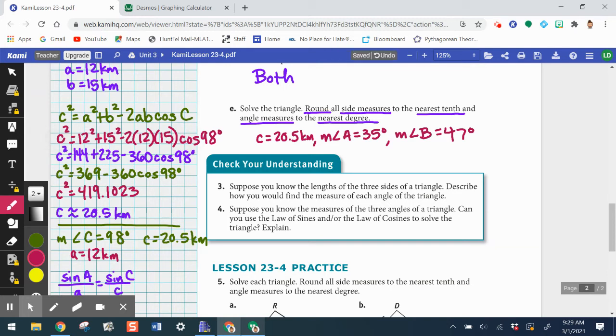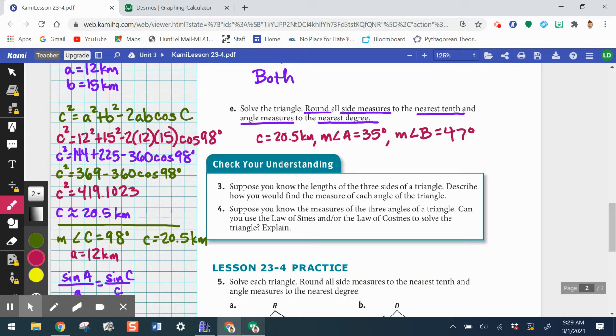But just to make sure we do the math correctly, I went ahead and squared these two terms and also multiplied: 144, 225, and 2 times 12 times 15 is 360. Now if I multiply 360 times the cosine of 98, which is the multiplication we should do first, I'm going to get a decimal.